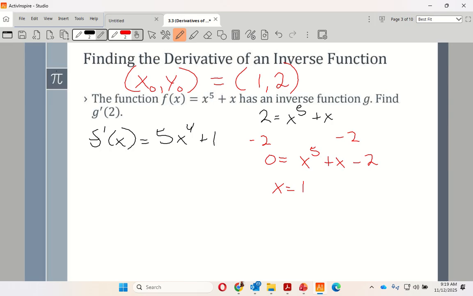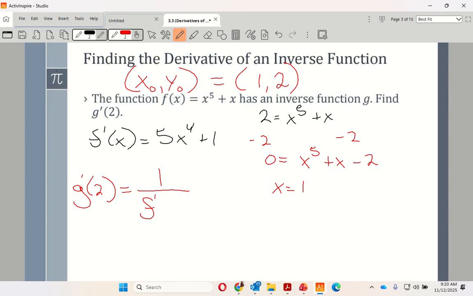So on that previous slide, to find the derivative of this, I would say that g prime of 2 is equal to, read it directly off the other slide, 1 over f prime of the initial x, right?